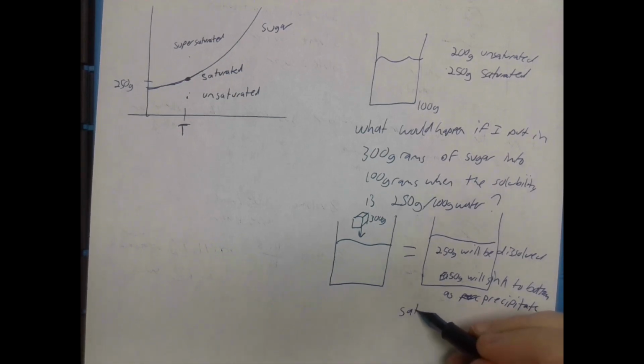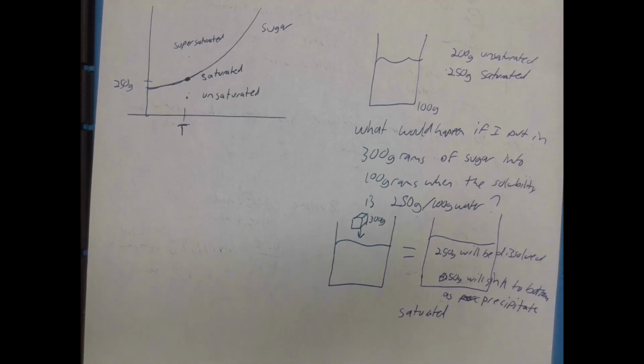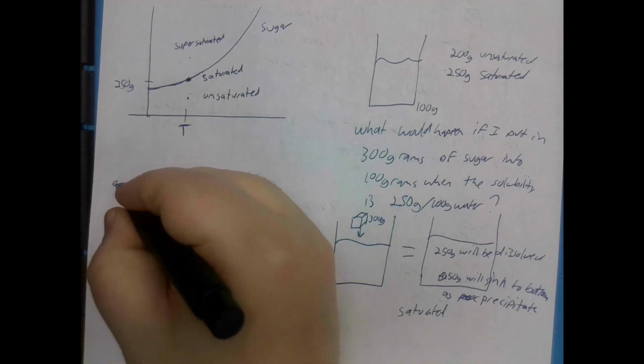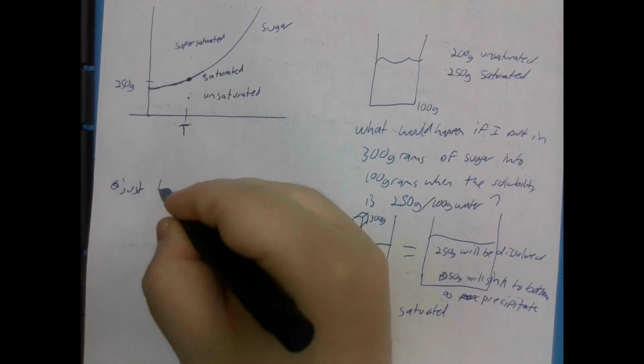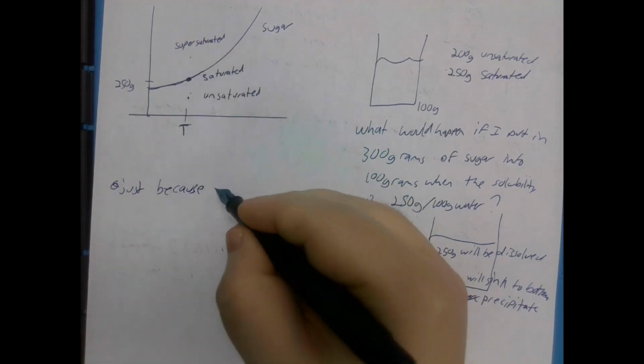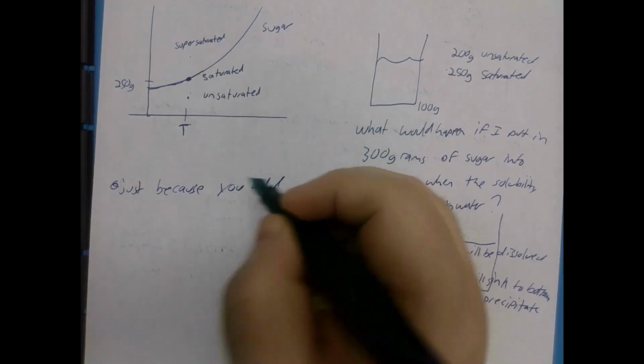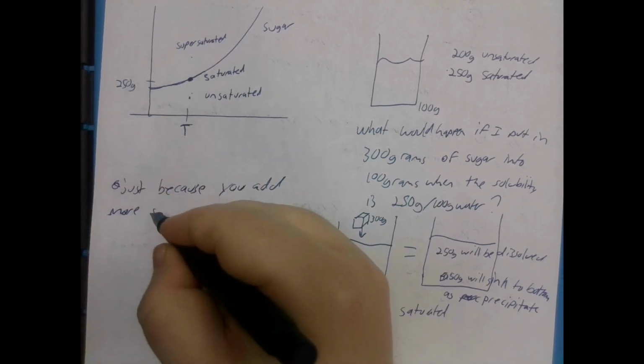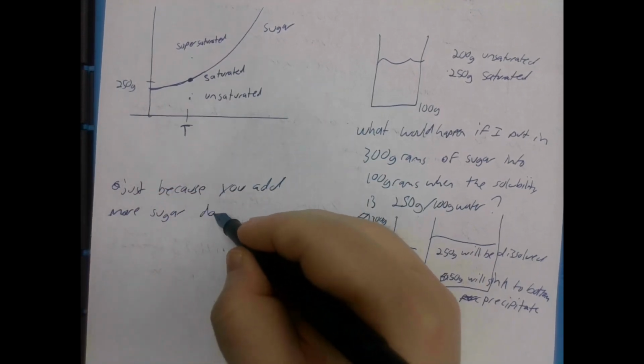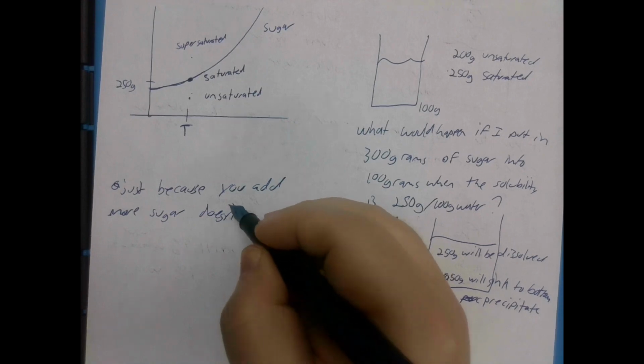This would still be saturated, and it will still be on this line. That's an important distinction. Just because you add more sugar doesn't make it supersaturated.